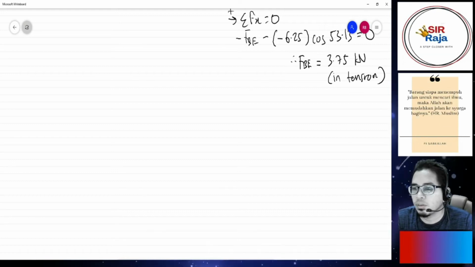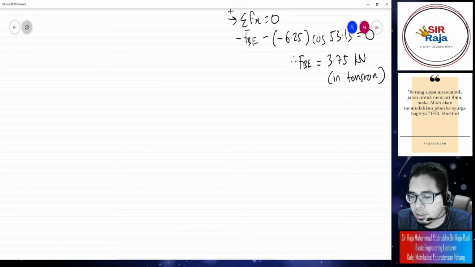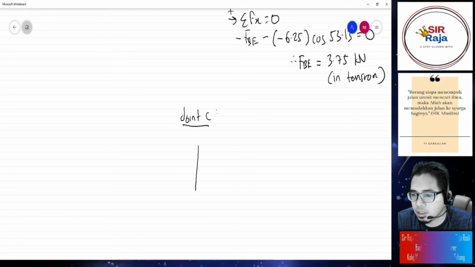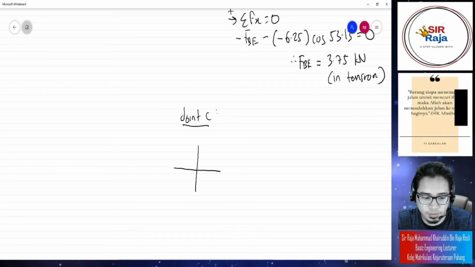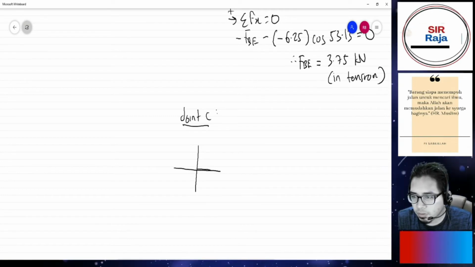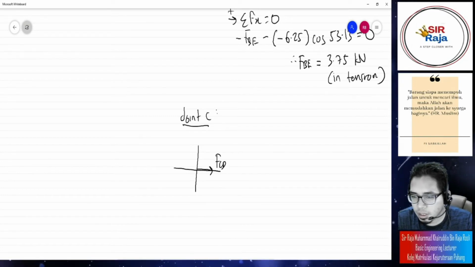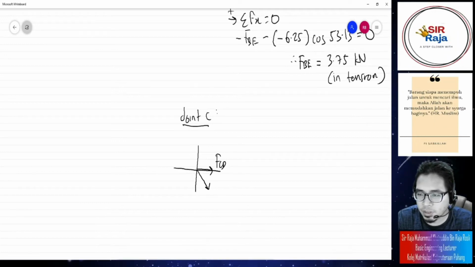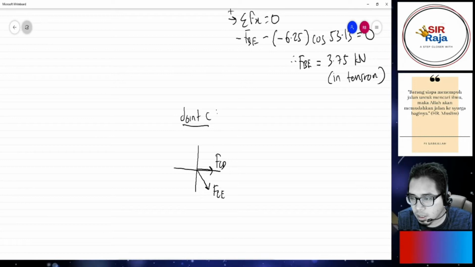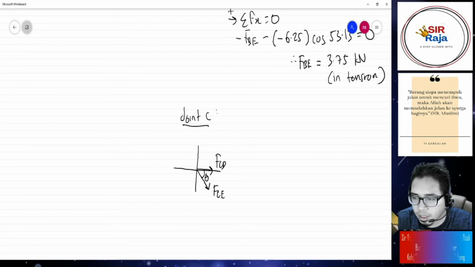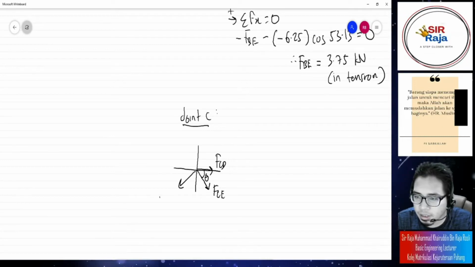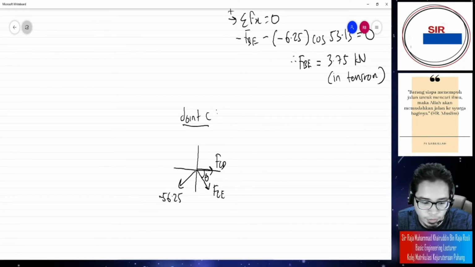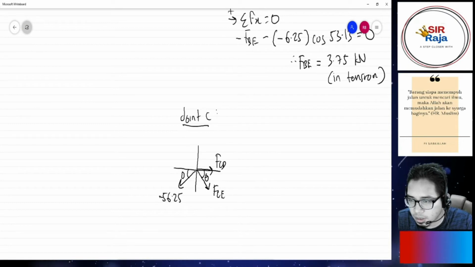Okay, now we're going to focus on joint C right now. So just as usual, draw the X and Y axes first, and then we're going to have our FCD here, and then from the exploded diagram, we have FCE here, and the theta is here, and then here we're going to have negative 56.25, and this is from FAC, and your theta is here.